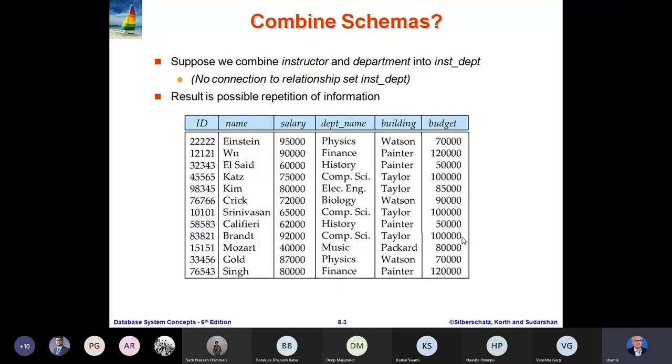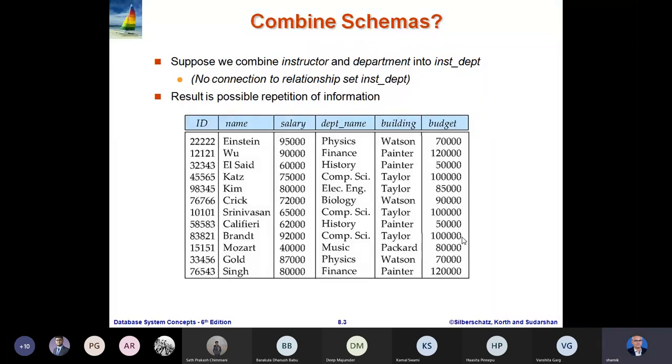So storing that in a table by repeating this building name and budget for the same department name is not going to actually hurt us in a very big way. Rather, the difficulty is that if we change, say, the building name for Einstein, or the budget for Einstein, we have to ensure that we also update it for Gold, the second last row. Otherwise, there will be inconsistency.